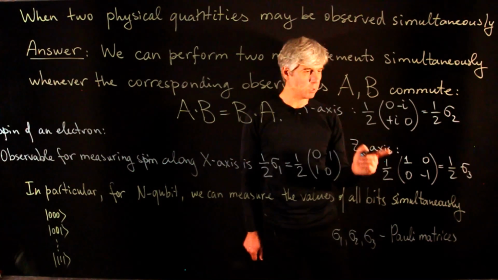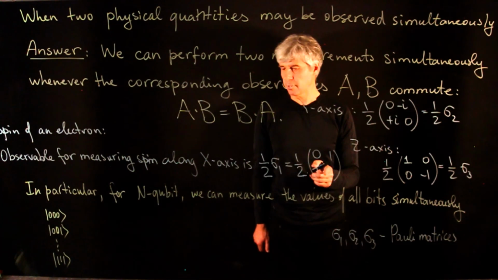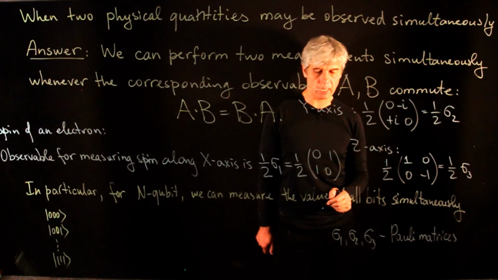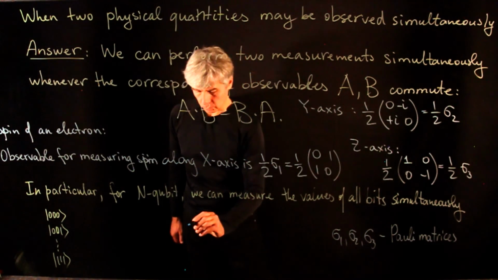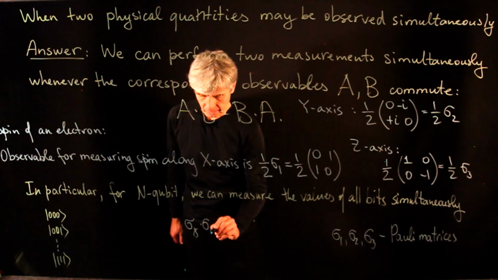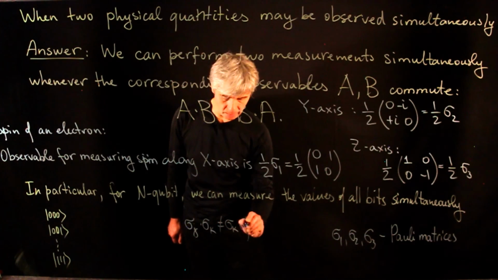And each of these matrices is self-adjoint, right? So we can see that the real parts are symmetric and the imaginary parts are skew-symmetric. But these matrices do not commute. So sigma j times sigma k is not equal to sigma k times sigma j.